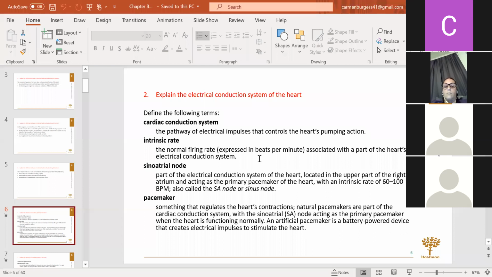And it goes down, down, down to the left ventricle. But up top, the intrinsic rate is a lot different than it is down at the bottom. So what is a normal heart rate for an adult? 60 to 100.